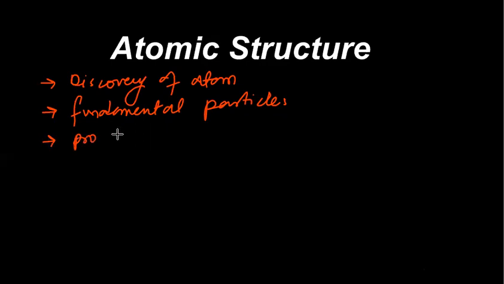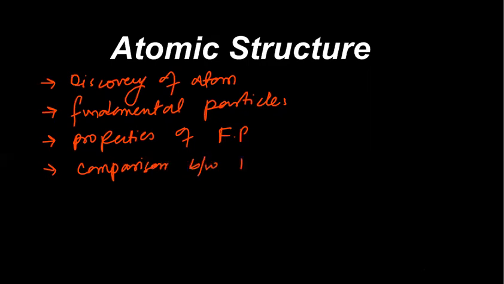After that, we will discuss the properties of the fundamental particles. Later on, we will have a comparison between all these fundamental particles. I am basically writing FP for fundamental particle.